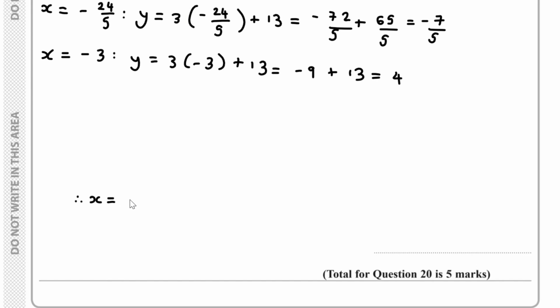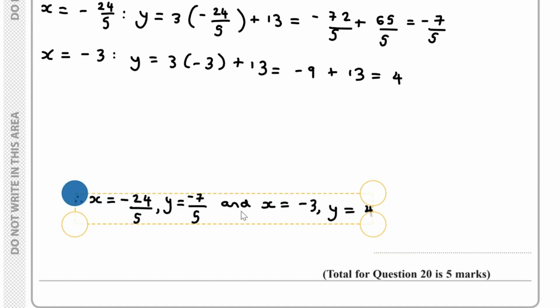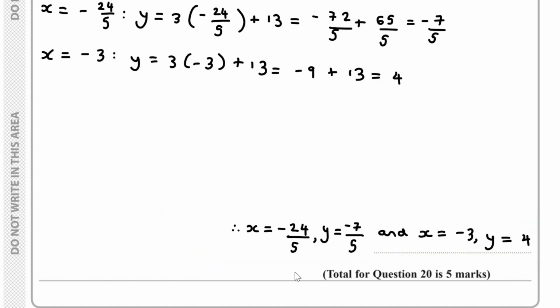When x is equal to minus 24 over 5, the corresponding y coordinate is minus 7 over 5. And we've also got when x is equal to minus 3, y is equal to 4. So this is our solution.